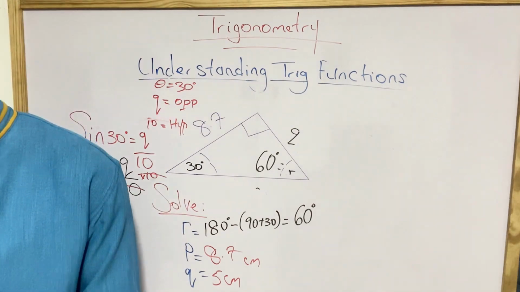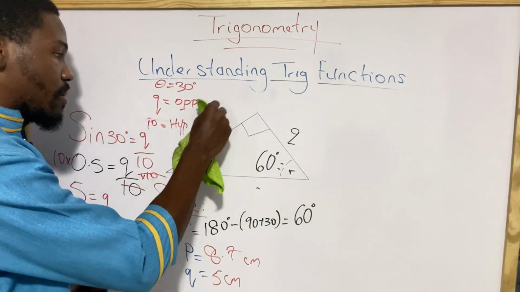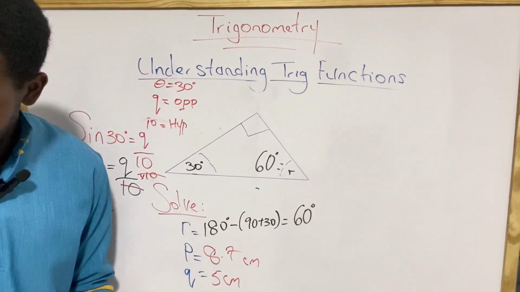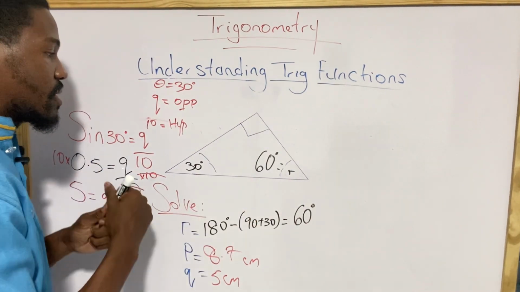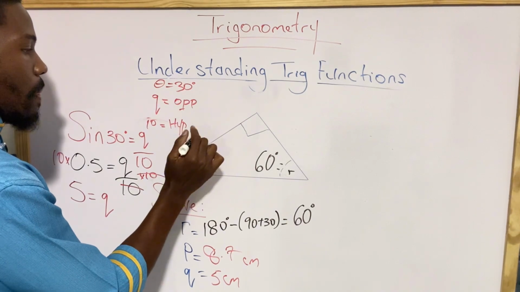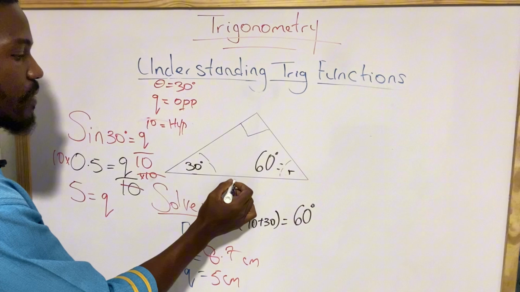Right? So let's say that this was 8.7. Just going to use a black marker. So let's say we didn't know this side, right? Let us say that, sorry, it's not that we don't know this side, right?